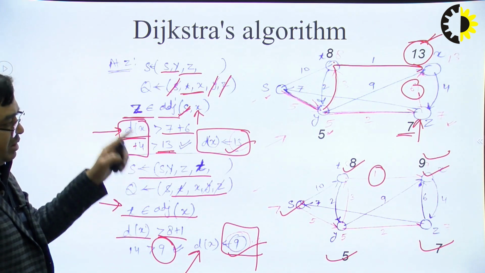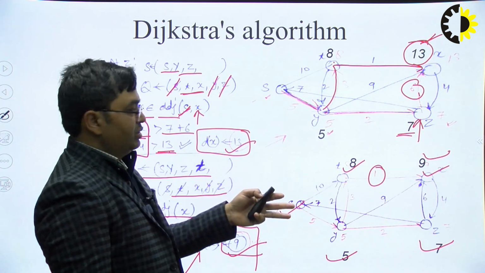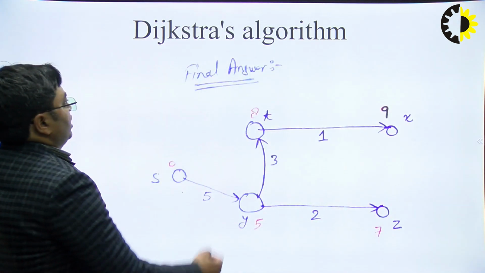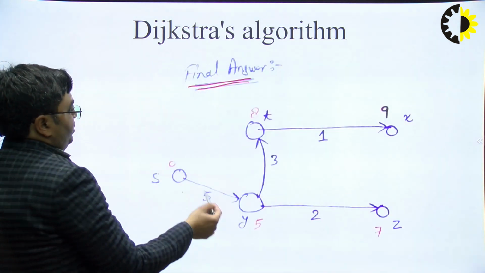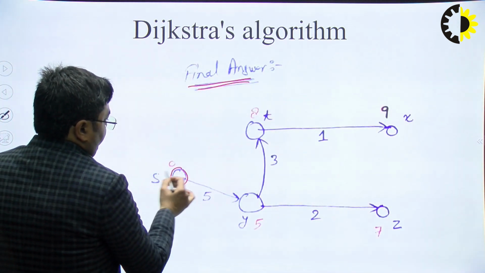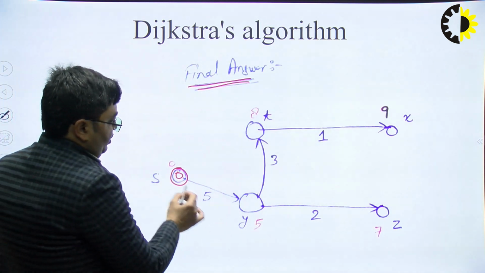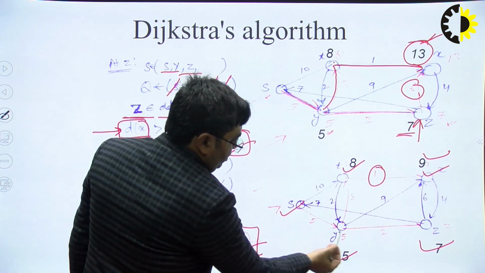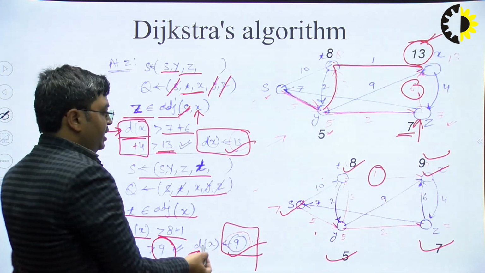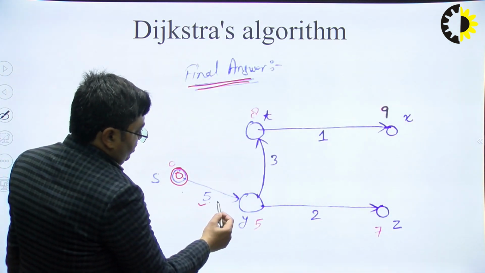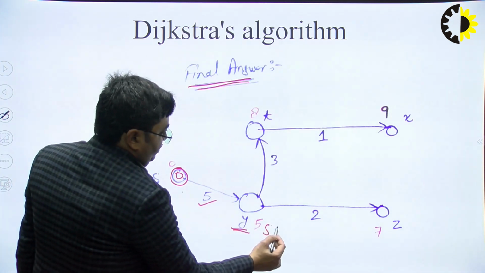It means the whole graph has been covered with the minimum possible shortest-path values. This is the final answer from this algorithm. We started from the source node with value 0 and had two possible edge values, 5 and 10. We chose 5 and reached node y with value 5.